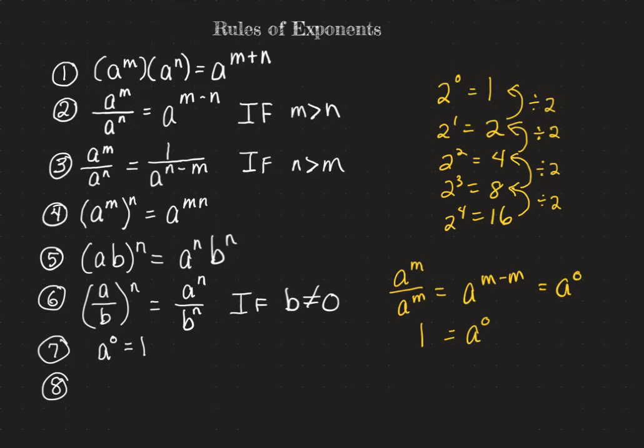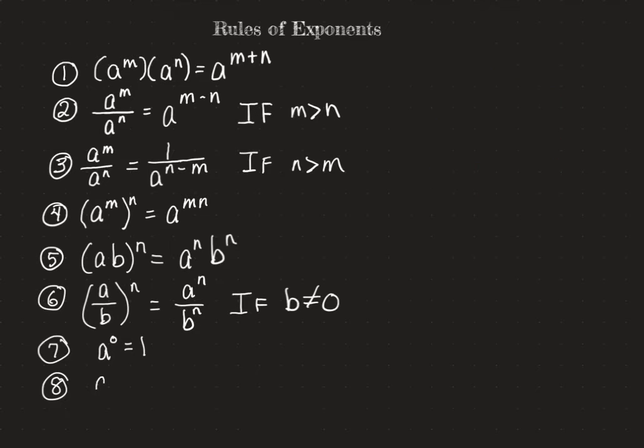The final rule that we are looking at today is this: a to the negative n equals 1 over a to the n. The base is forced to the denominator. The number of the exponent remains the same, but the sign becomes positive if you started with a negative exponent.